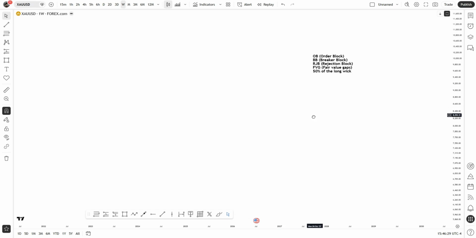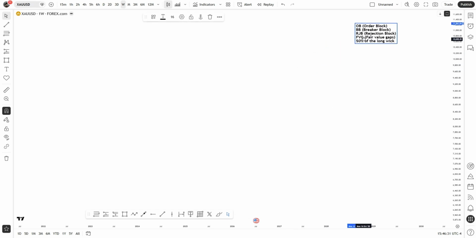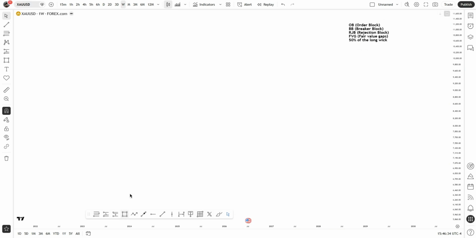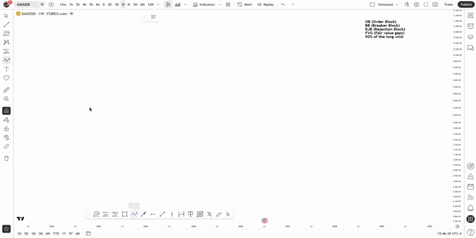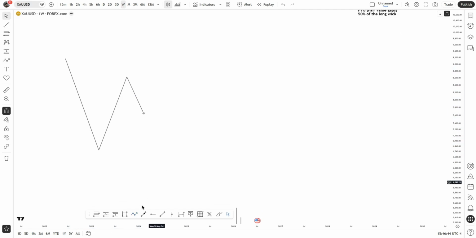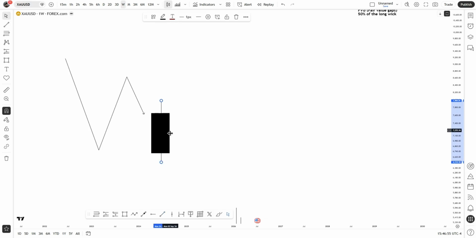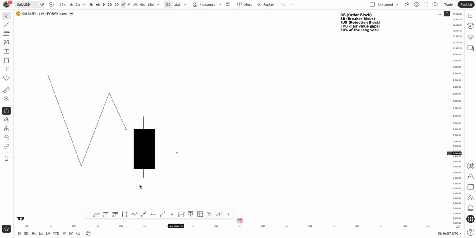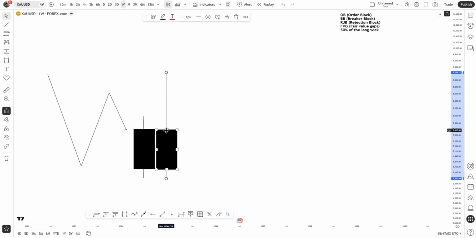Okay, so let's talk about the order block. Usually the market in a bearish trend, let's suppose the market puts liquidity like here, let's suppose this is a bearish candle and another candle that is engulfed by the bullish candle.